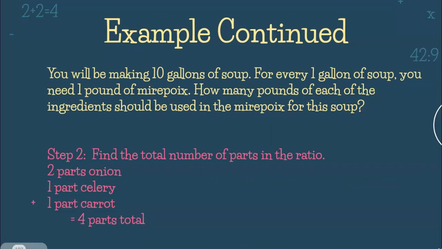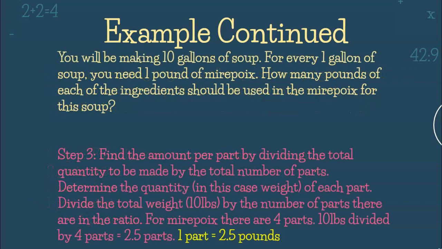All right, so step number 2, you're going to find the total number of parts in the ratio, which I gave to you on the first slide, but just breaking it down, you need 2 parts onion, 1 part celery, 1 part carrot, so you have a total of 4 parts. Step 3, you're going to find the amount per part by dividing the total quantity to be made by the total number of parts.